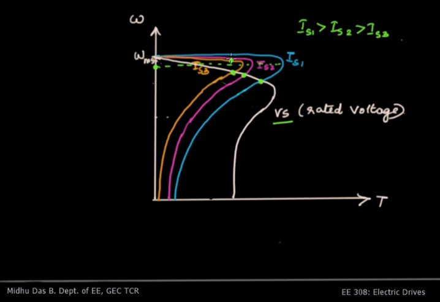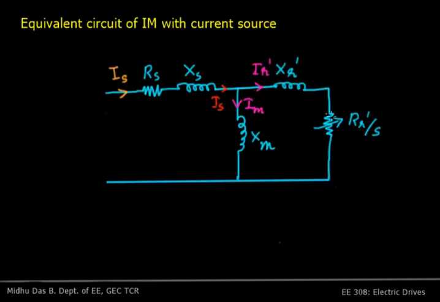Then why don't we go to this point for the operation of the induction motor when it is fed from a current source? At this point, the value of slip is very small. If you consider the equivalent circuit, as slip is very small, this RR dash by S will be very large.